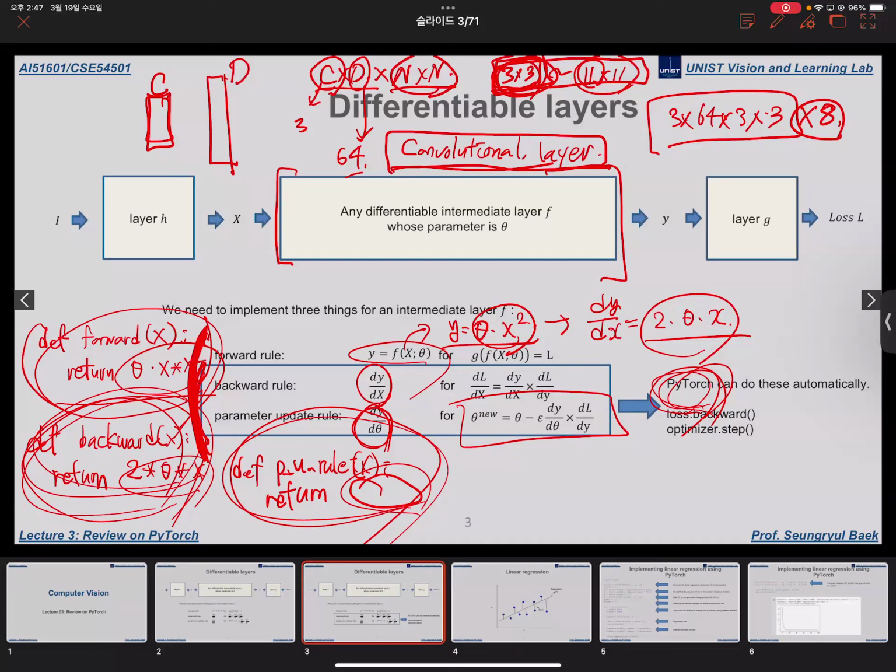And sometimes this kind of formula becomes very complex, and you cannot even find the closed form solution for the differentiation, okay? In that case, this PyTorch library makes this kind of situation easy.